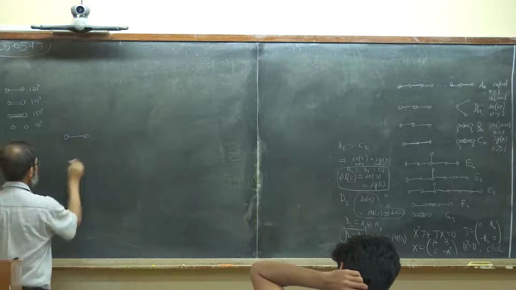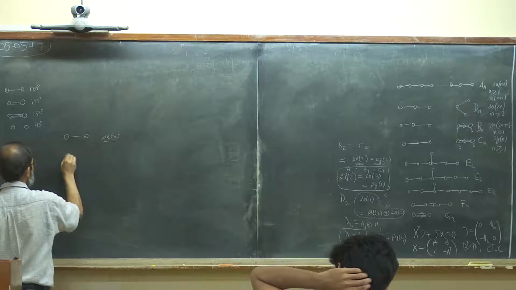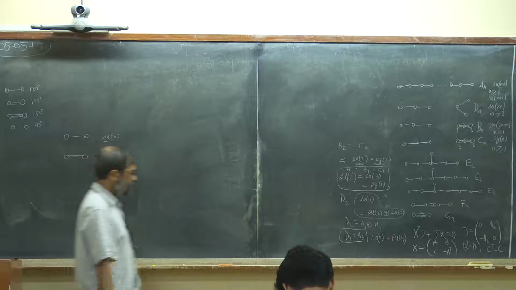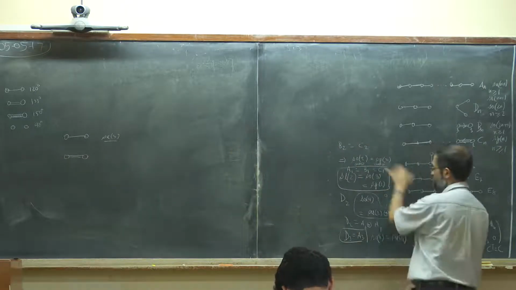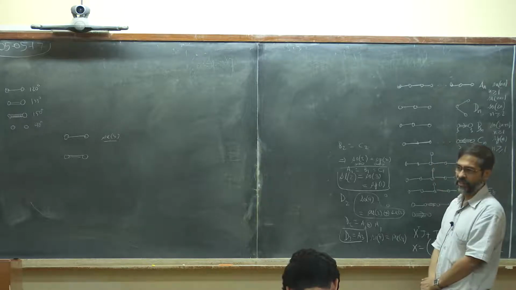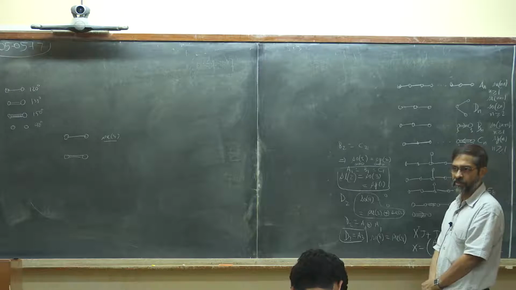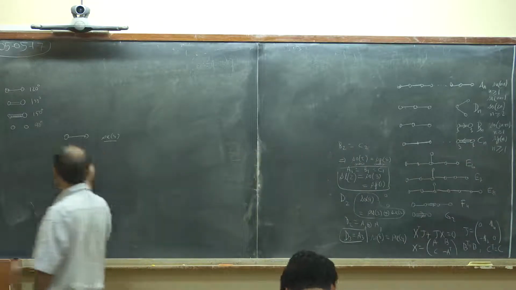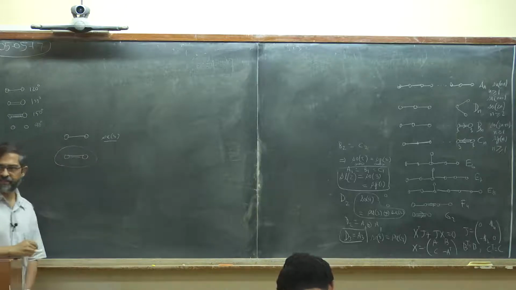This is one possibility, and this we have shown already corresponds to SU3. This we have just discussed, that the double bond corresponds to SO5 or sp2, and let us see how that goes. Today I was planning to do the triple bond thing, but that's a little more complicated. So let us see how to construct the Lie algebra from this diagram.